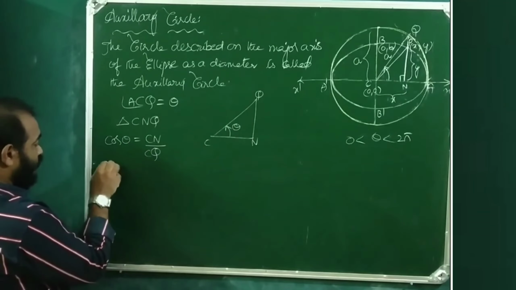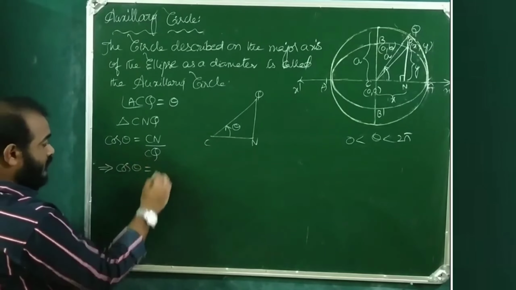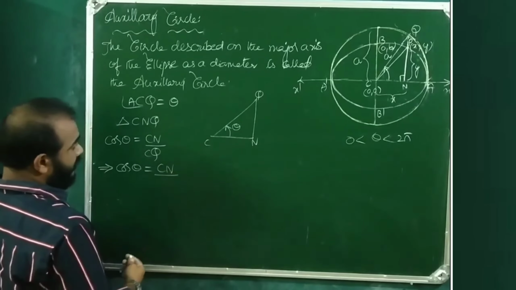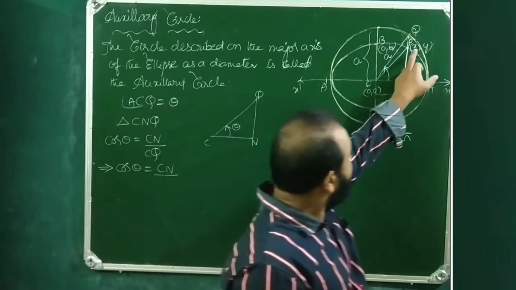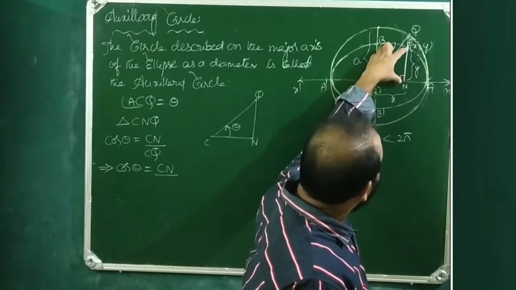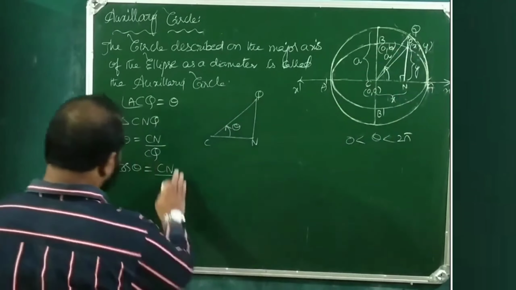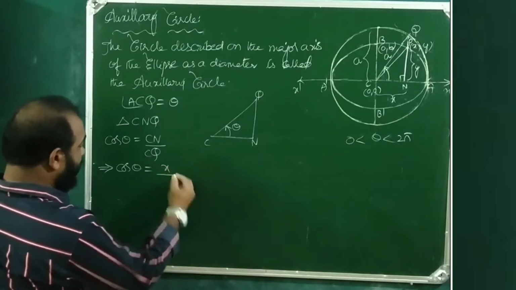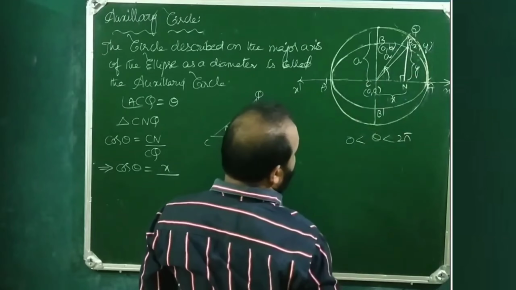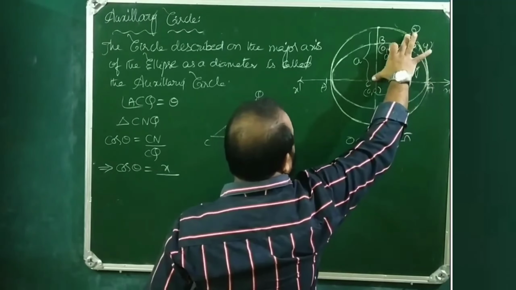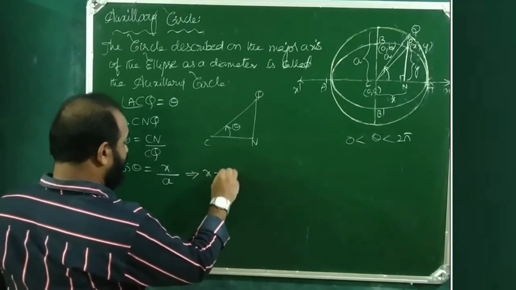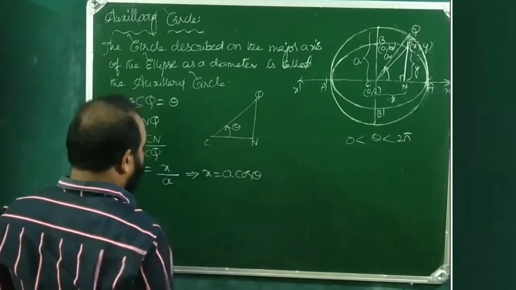So cos theta is equal to CN by CQ. If P is x comma y, then CN is x and PN is y. CQ is the radius of the auxiliary circle, which is A. So cos theta is x by A, so x equals A cos theta.